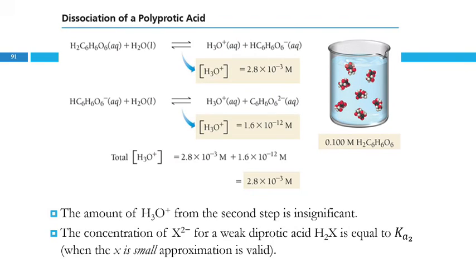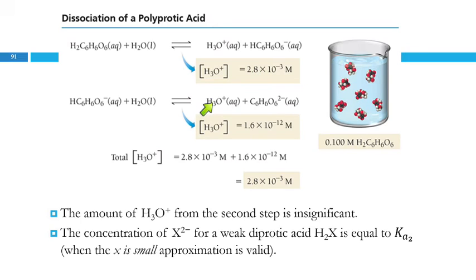Here's just looking at the dissociation of a polyprotic acid. It's a diprotic acid. We have the first ionization, and here they've done all the math for us, 2.8 times 10 to the minus third. And the second ionization now starts with H3O plus being bigger than 0.